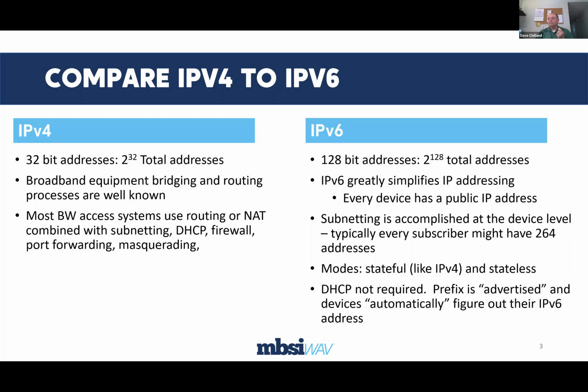There are two modes. There's a stateful and a stateless mode that it operates in. We're going to talk about the stateless mode here. Stateful mode you want to use when you're using a DHCP server, an IP version 6 DHCP server, and handing a prefix or addresses to a particular device. But IP version 6's real strength from a network point of view is the fact that in stateless mode, it uses a process called SLAAC.